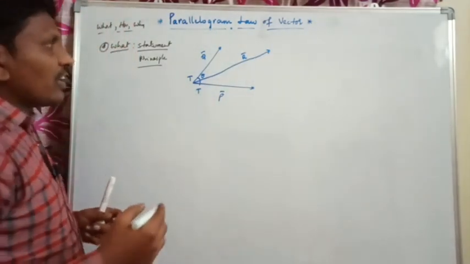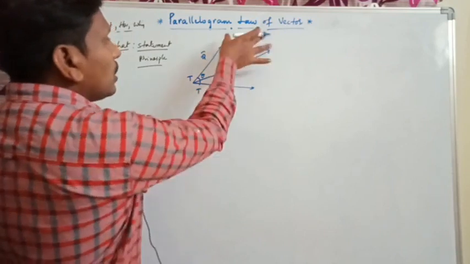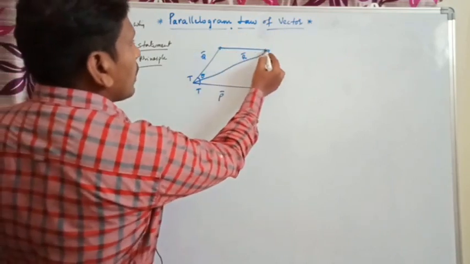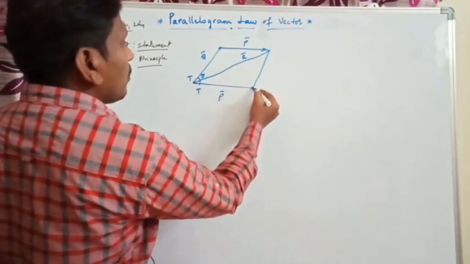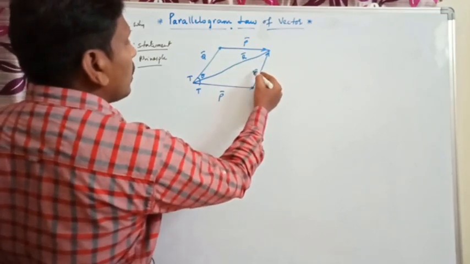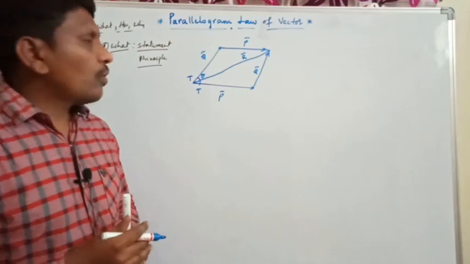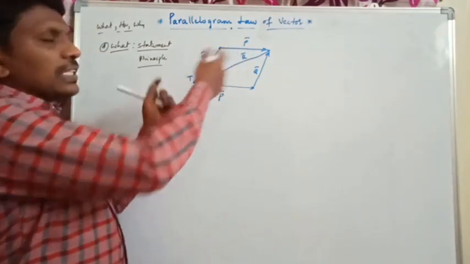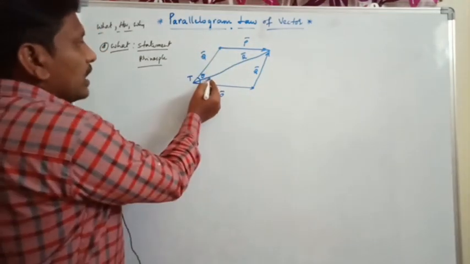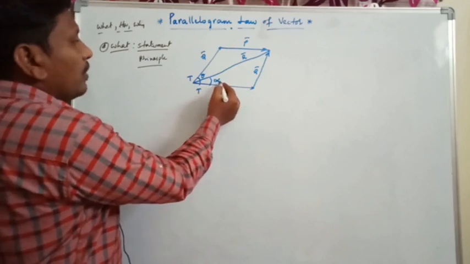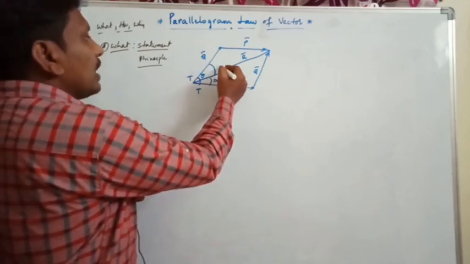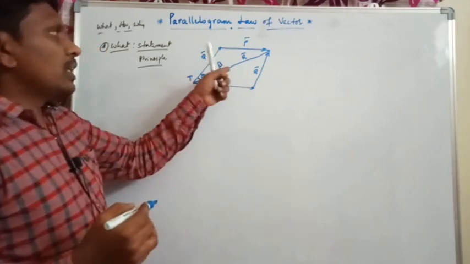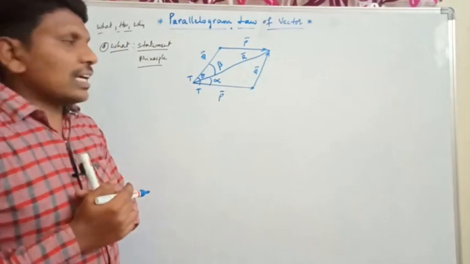Then by parallel shift of the P bar vector and the Q bar vector, we can form the parallelogram. Opposite sides are equal, and this angle alpha is made between the initial vector and the resultant vector, and this angle beta is made between the resultant vector and the final vector.